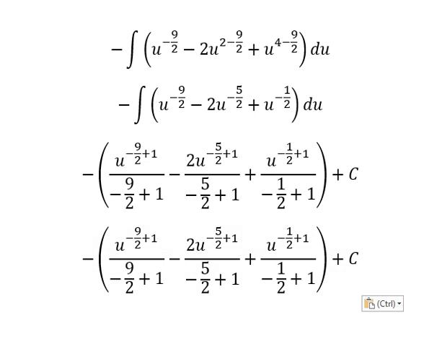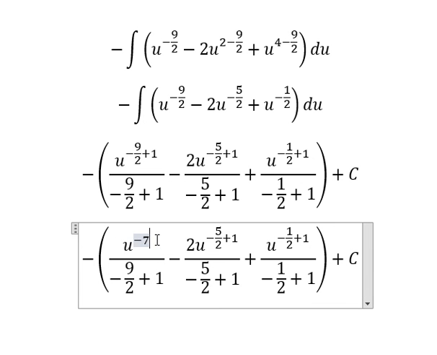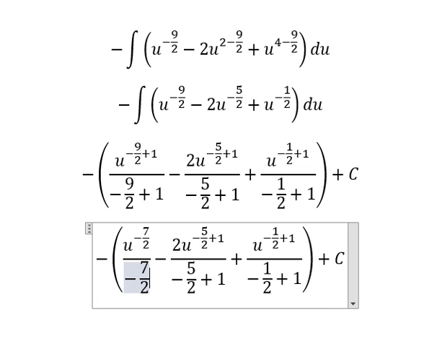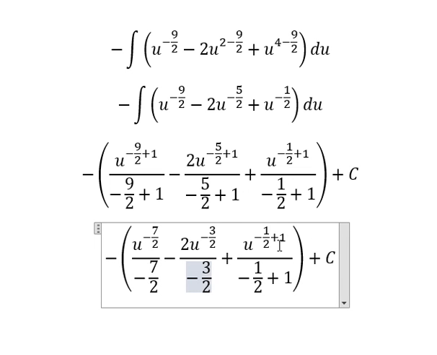So this one in here, you will get negative 7 over 2. Similar for this one. And this one, you will get negative 3 over 2 and negative 3 over 2. This one you get 1 over 2.